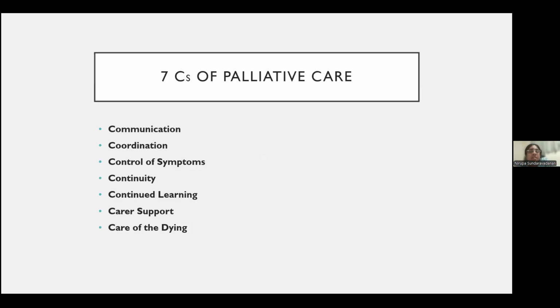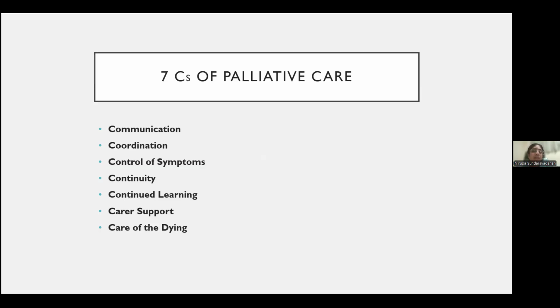Coming to the 7 C's of palliative care, what are they? One is communication, with the patient and with the family, making them understand that this is what is happening. Sometimes preemptively, you should tell them this is what you can expect so that they are prepared, and it's not a sudden shock.